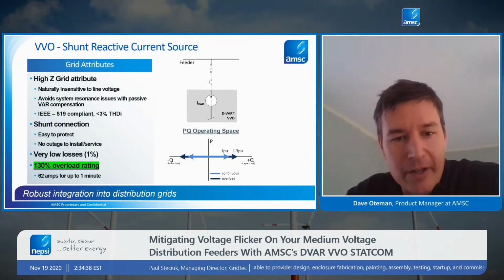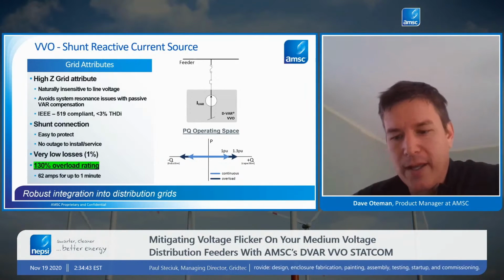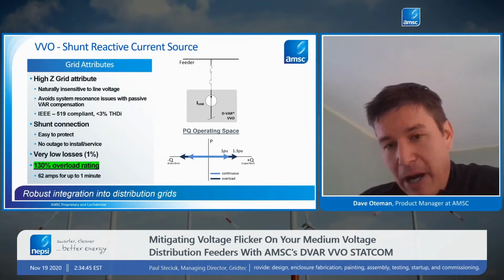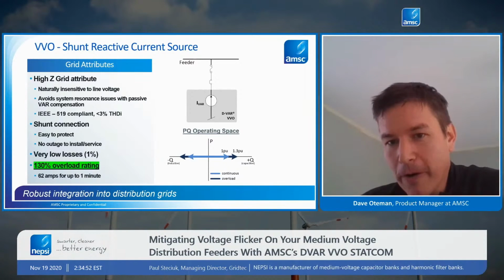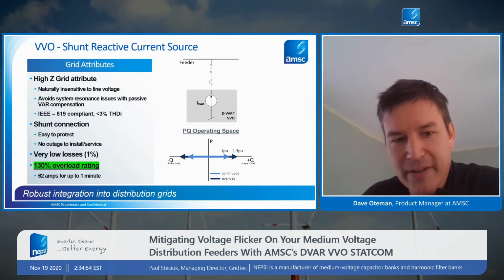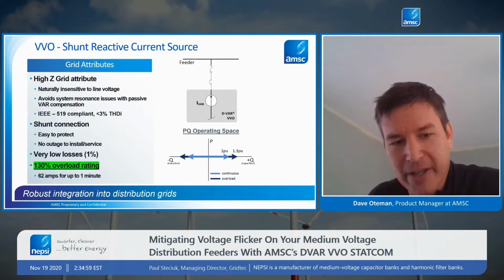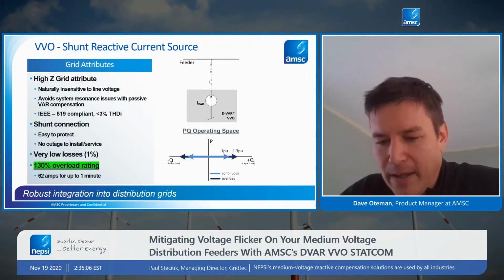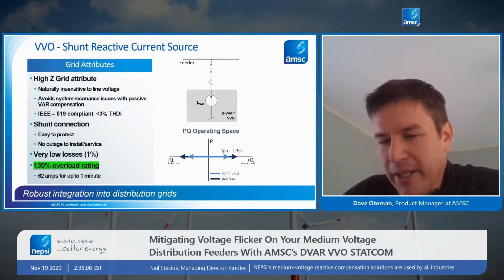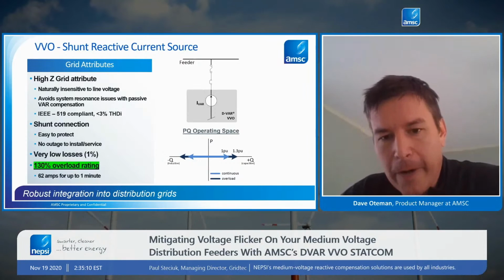Another key point that I mentioned is the overload capability. Because it's a power electronics device that controls current, the controller actually allows for a 130% overload output. That means it's 130% above its continuous nameplate rating, to be applied for up to 1 minute. And that 1 minute duration can repeat 5 times per hour.